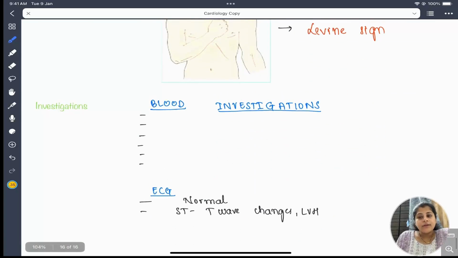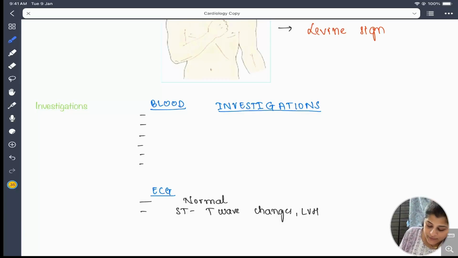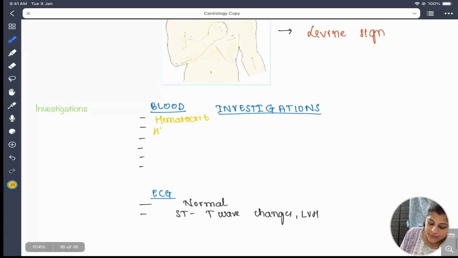Now, once you're suspecting chronic stable angina, what are the blood investigations you ask for in the patient? What are the risk factors I told you? Like, what are the damaging factors I told? So, one is you will ask for hematocrit. Okay, then HbA1c, glycated hemoglobin.